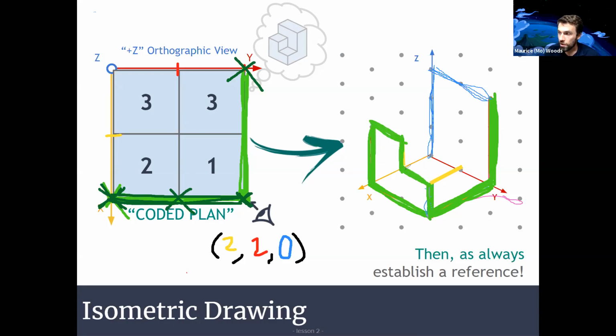So this jog right here is designated by this pink line and this blue line, at different elevations.